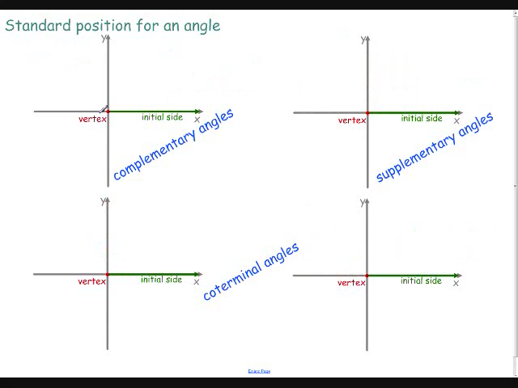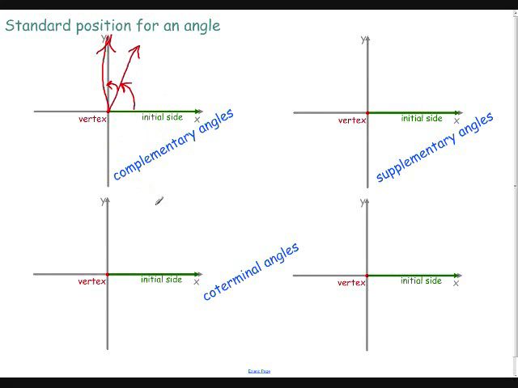Complementary angles, let's just draw some examples of complementary angles. What do they have to add up to? They have to add up to 90 degrees. So I could have this angle here and this angle here.